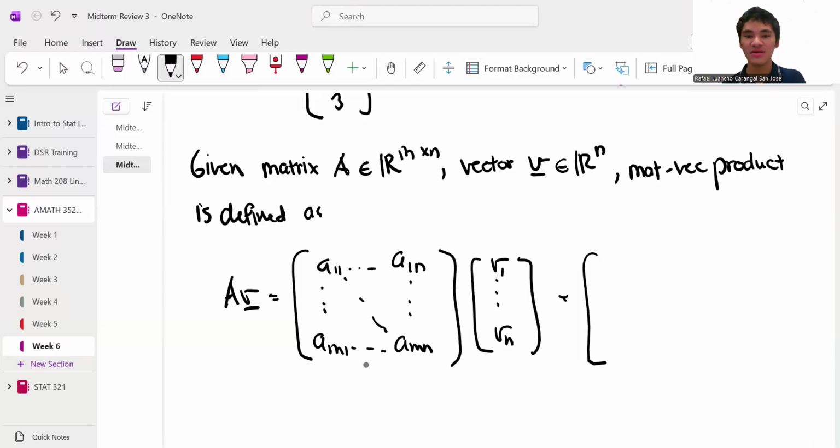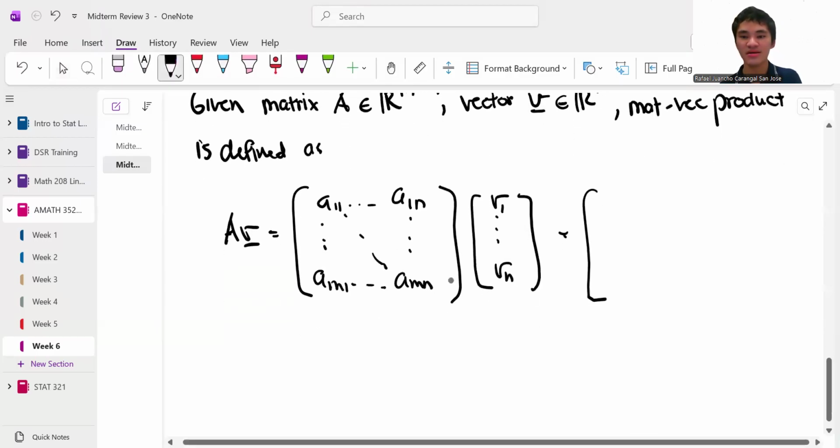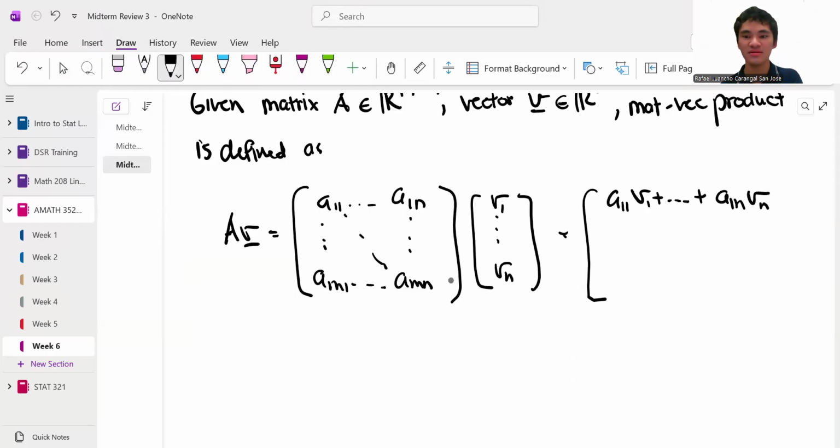And this is the same thing as multiplying A11 v1 all the way to A1n vn. And then we just keep going, AM1 v1 plus all the way to AMN vn.